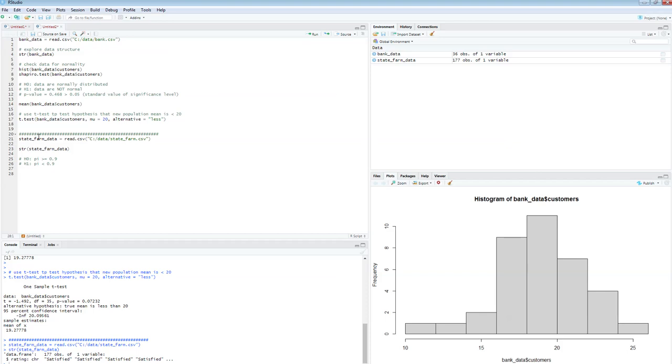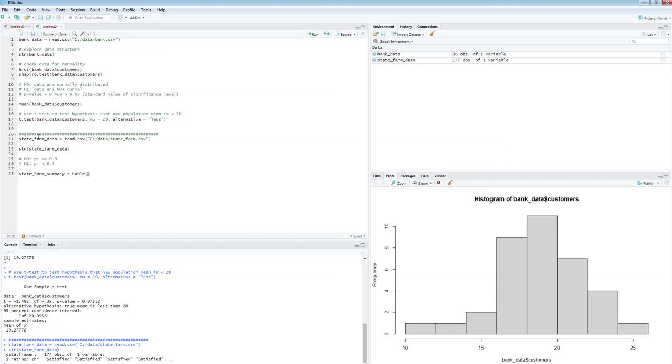So here is what I'm going to do. First, tabulate the data. State Farm summary. I'm going to summarize yes responses versus no responses, and that is done by calling the function table. And what am I tabulating?